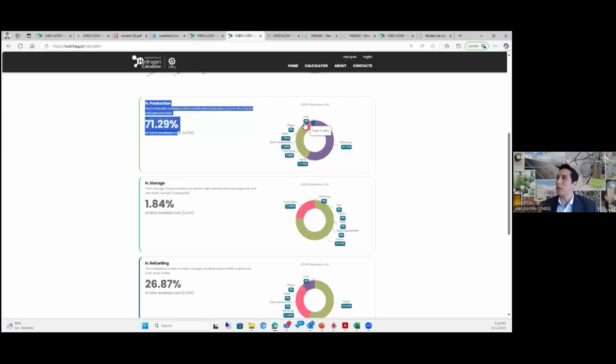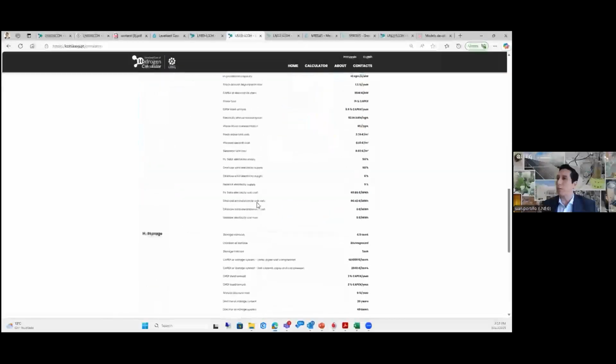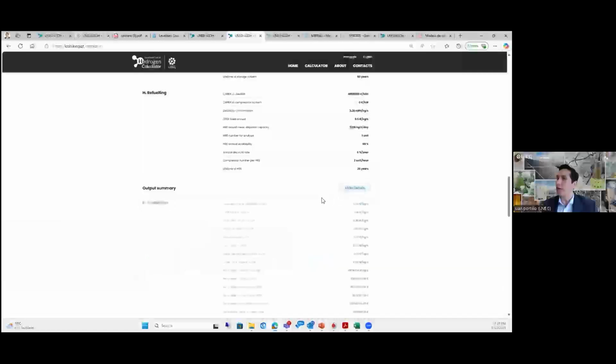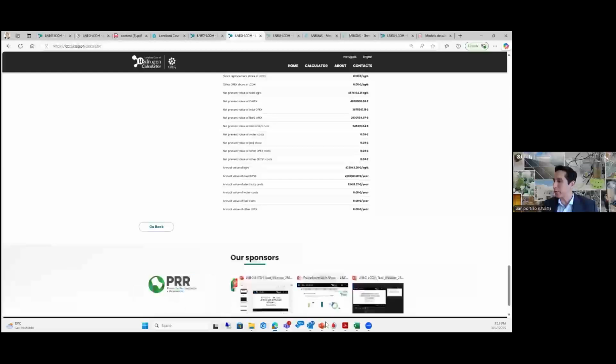In this case, we standardize the structure and we put fuel, but in this module we don't use fuel. We use it, for instance, in the transport module. And you have all these for all the modules. And once again, you have the input summary and the output summary that you can just copy to Excel, for instance.